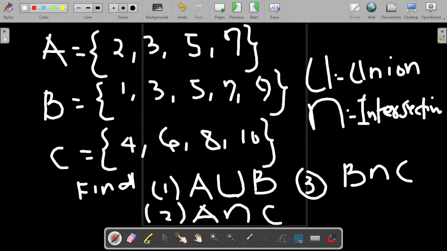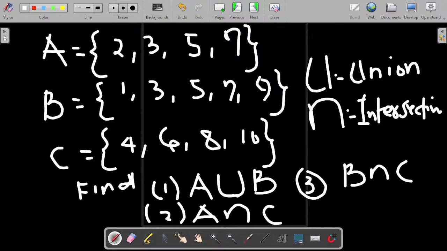A union B, yes. So you combine the 2 sets, but don't duplicate or repeat anyone. We have 3, 3 there, but don't write 3, 3. We have 5, 5, don't write 5, 5, just write only one of them. We have 7, 7, don't write 7, 7, just write one. Then 9. That is union.